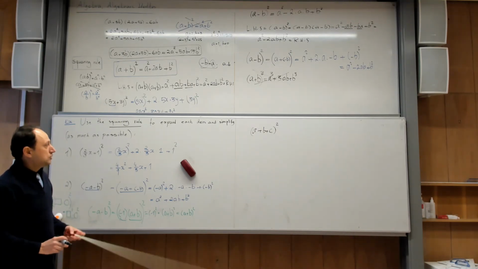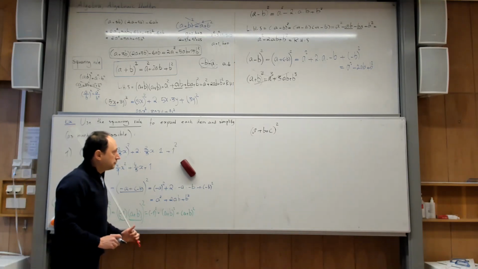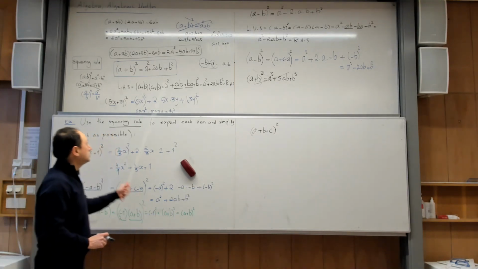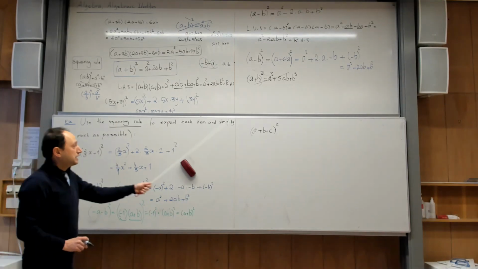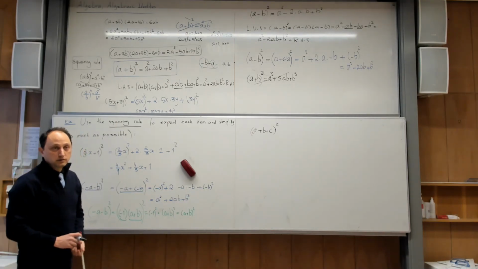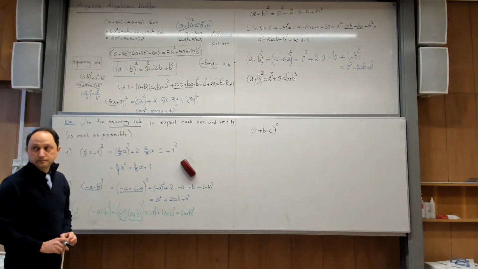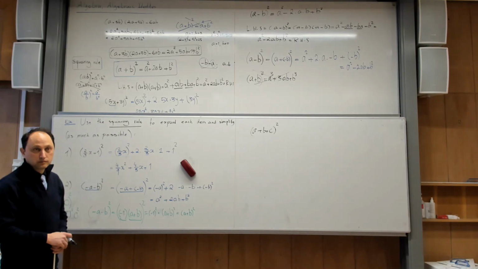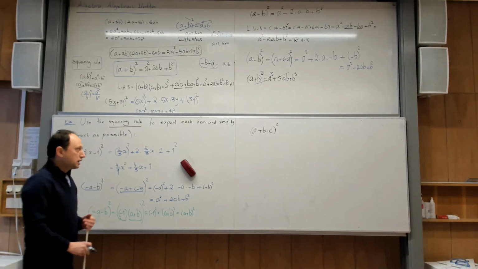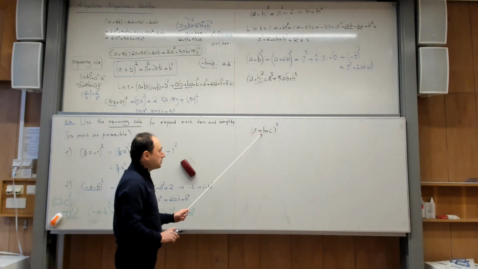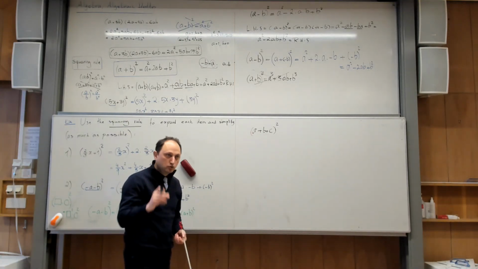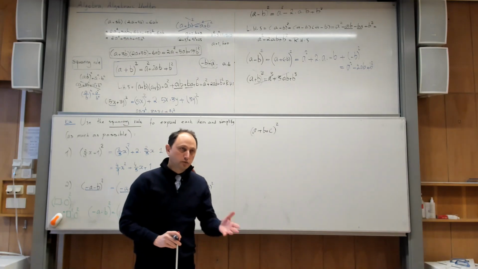So instead of doing that, is there any other way that I can use this rule to actually expand that one? You think about them as two terms. You think a, and b plus c. Exactly. So the sum of three terms can be viewed as the sum of two expressions.